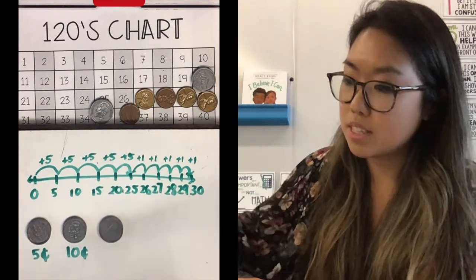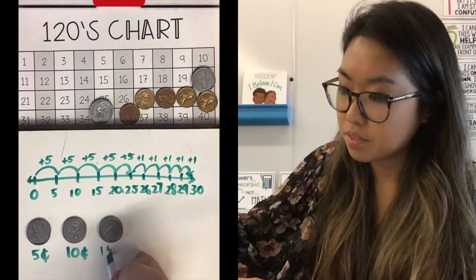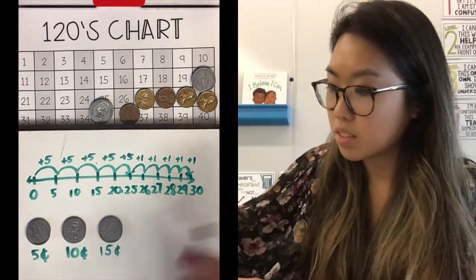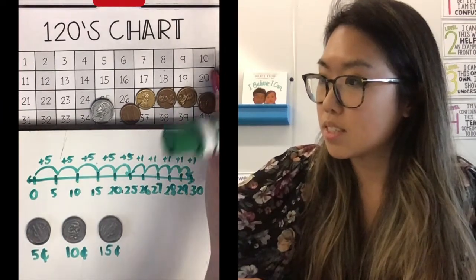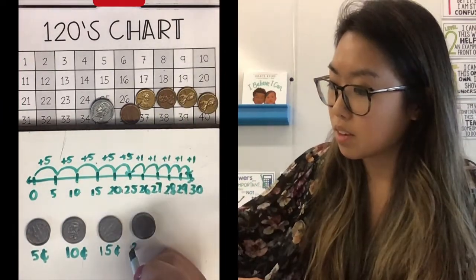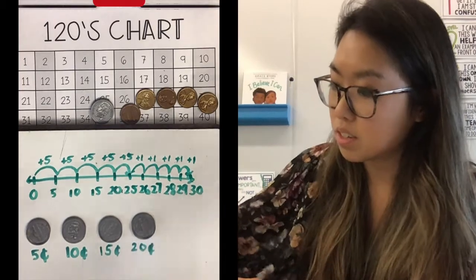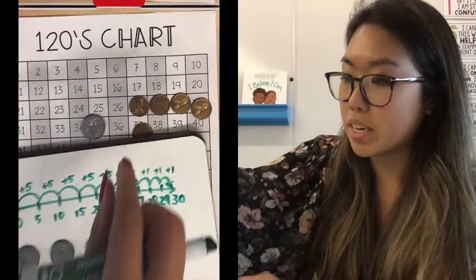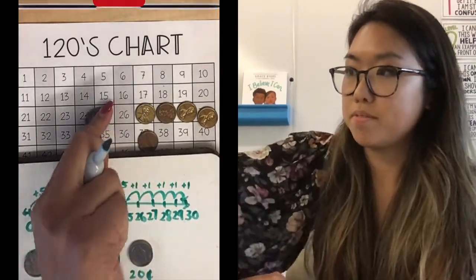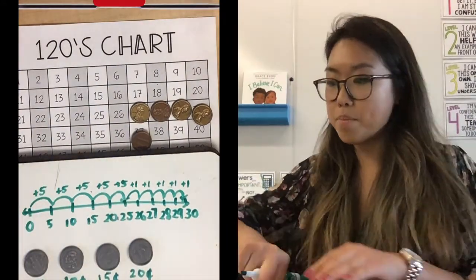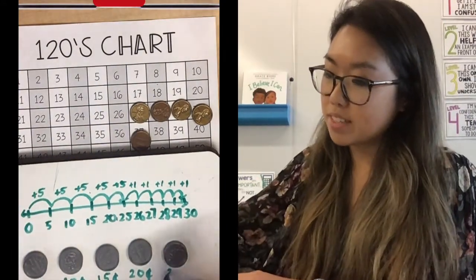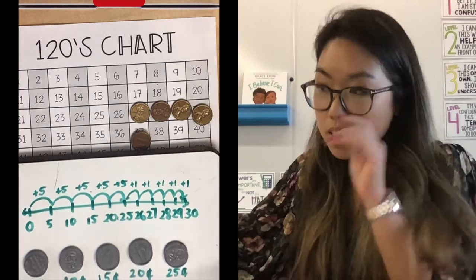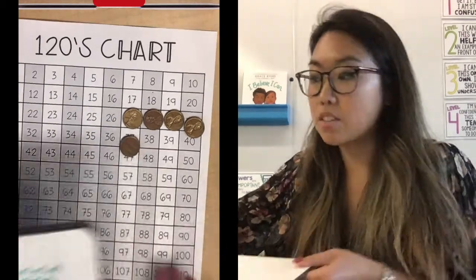I have 15 cents and 20 cents and 25 cents for my nickels. Oops. My nickel's getting away from me. 25 cents. But I'm not done yet because I haven't counted my pennies yet.